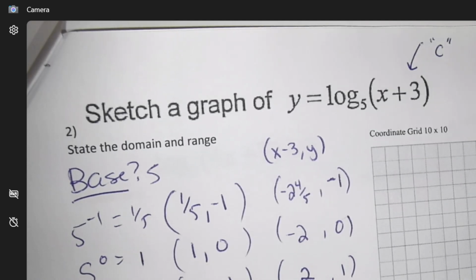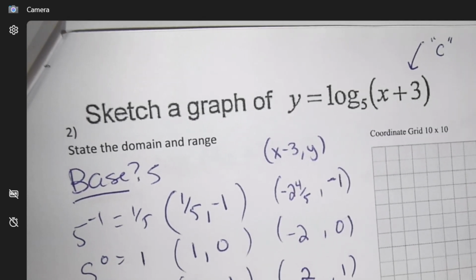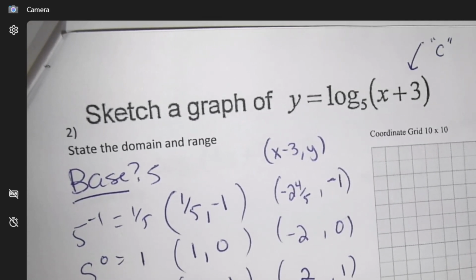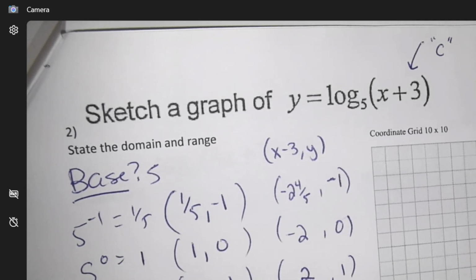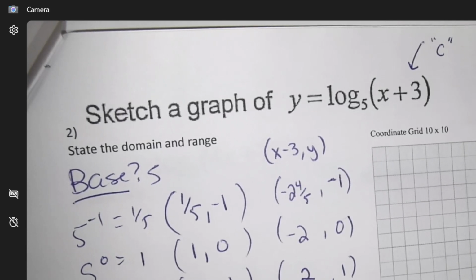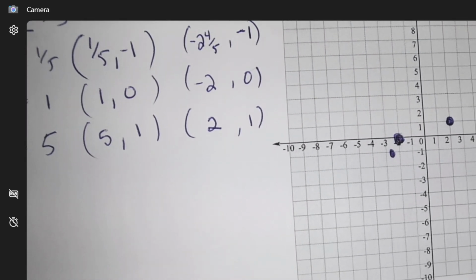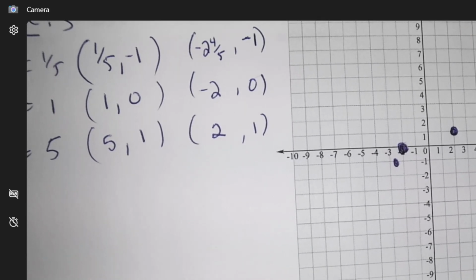Okay, there you go. Graph those 3 coordinates. And where is the asymptote? You have to understand log asymptotes.